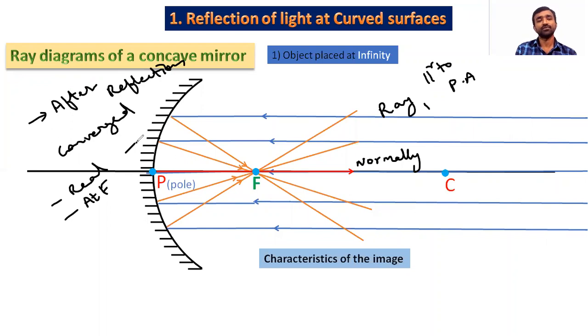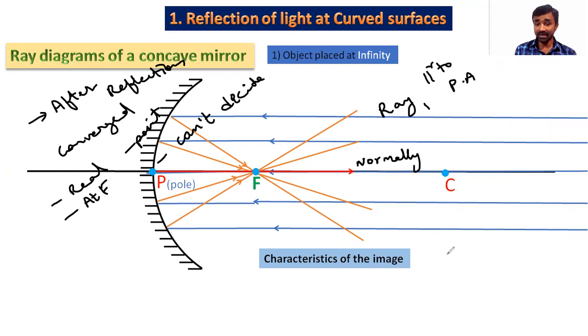Point size. Very good. Then is it inverted or erect? We cannot decide because it is a point image. Is it above or below? We cannot say, it is a point.